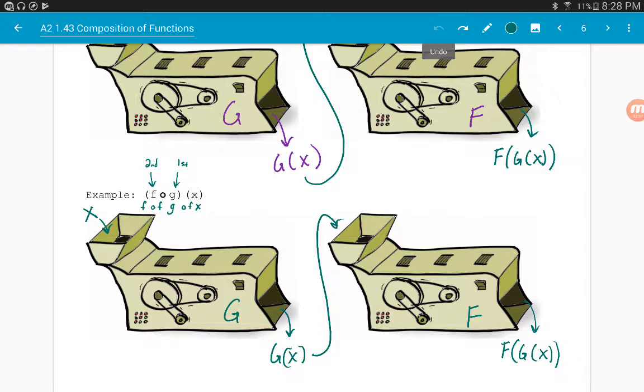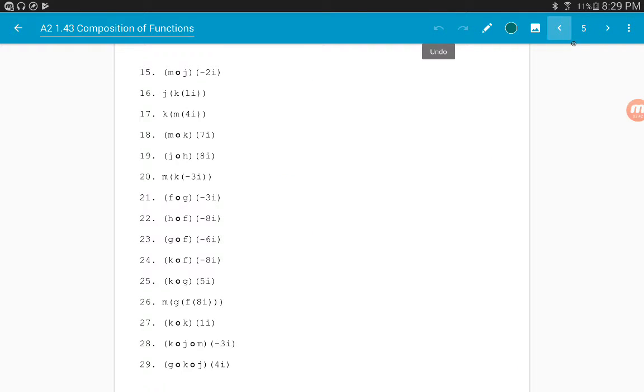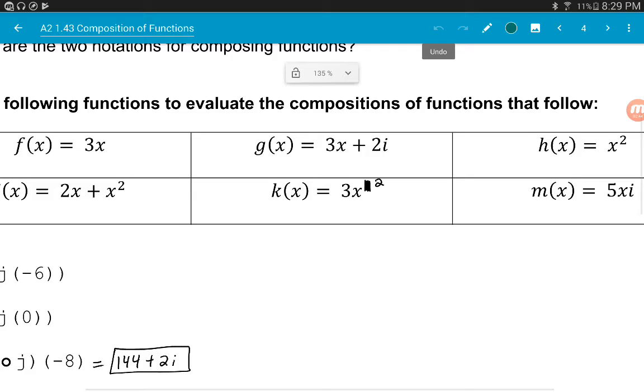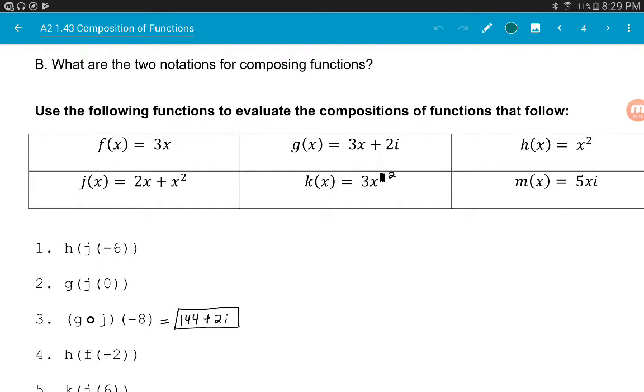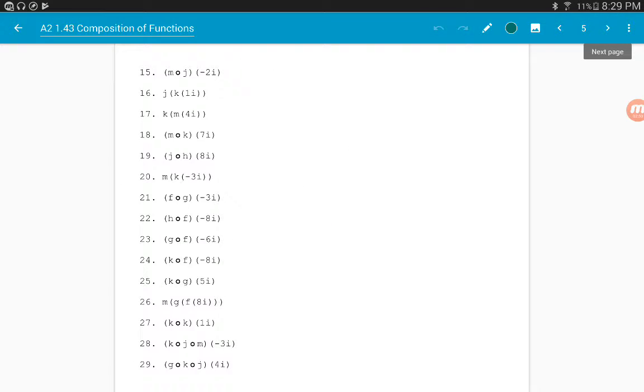So let me pick one example in the back that we can go through. For this entire lesson, we're pulling from this bank of questions on the front. So we're using these 6 functions, f, g, h, j, k, and m. So let's pick one in the back that looks like it might be tricky.